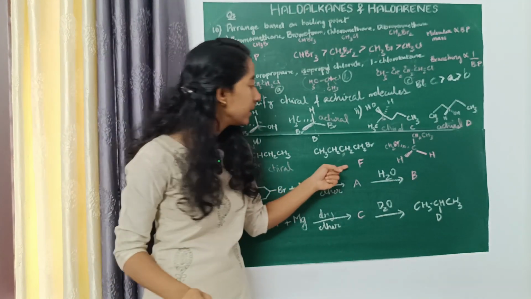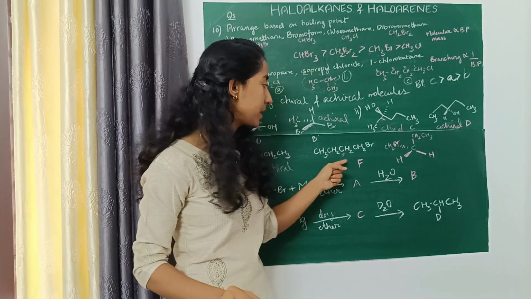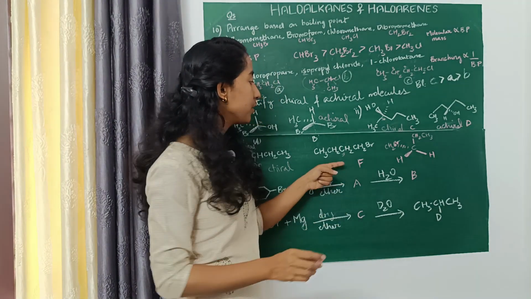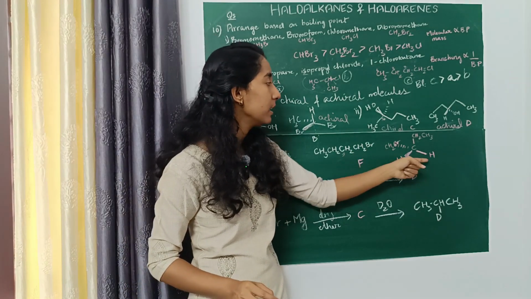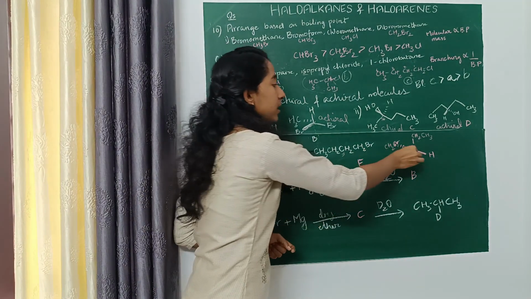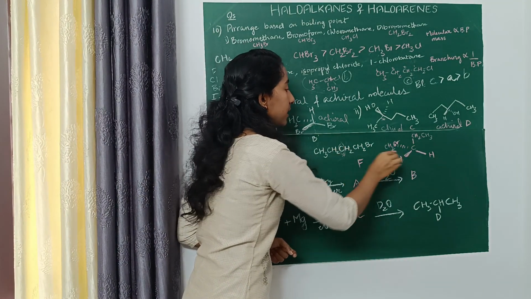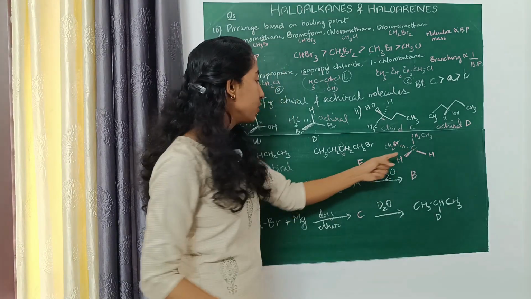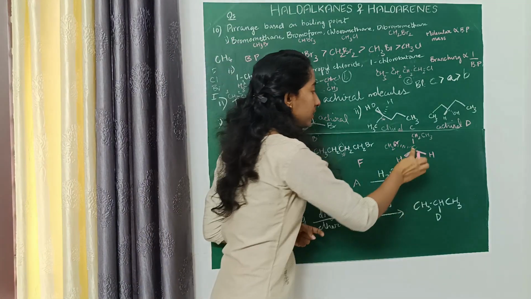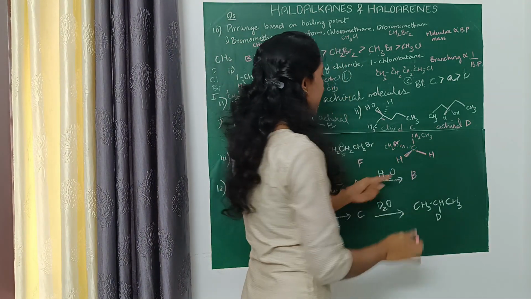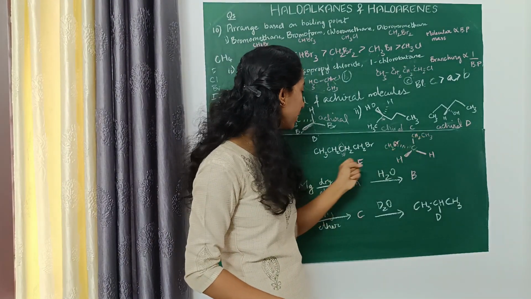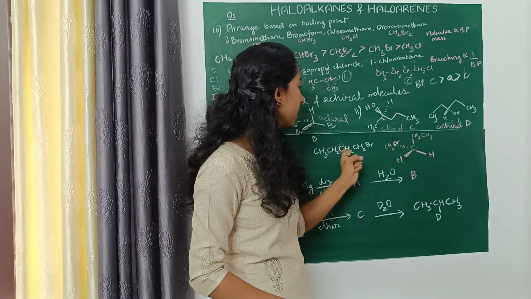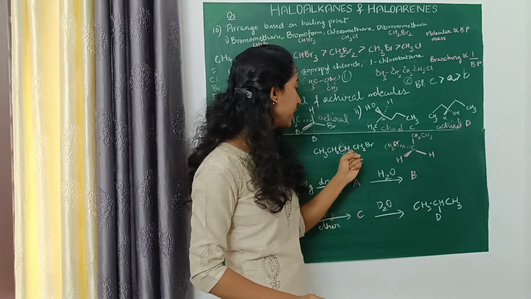Now let's look at this question. In this case, you can draw this molecule, CH3CH2CH2Br, in this form. Basically this is this carbon atom. To this carbon atom, CH2CH3 is attached, then CH2Br is attached, then 2 hydrogens.